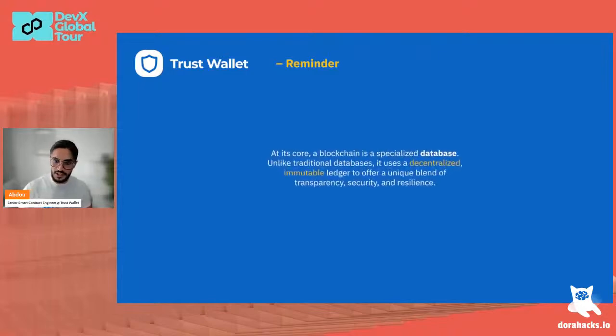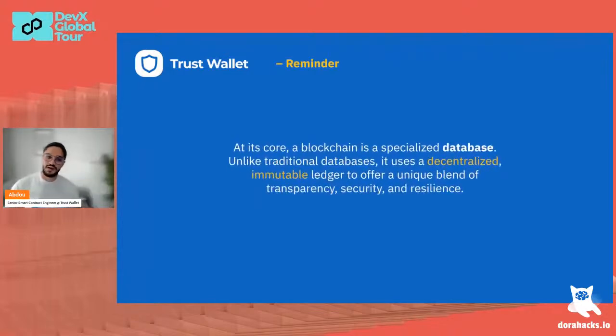So I think we should start with a reminder. If you are new to blockchain or if you've been around for a long time, it doesn't really matter. We should always remember that blockchain at its core is just a specialized database. But unlike traditional databases, it is decentralized and immutable.